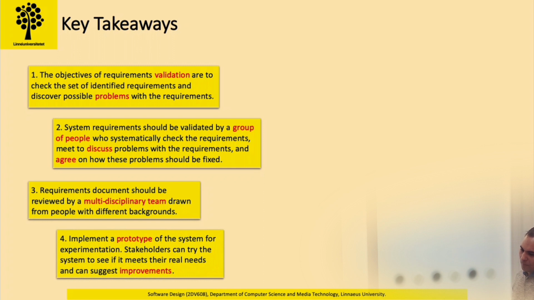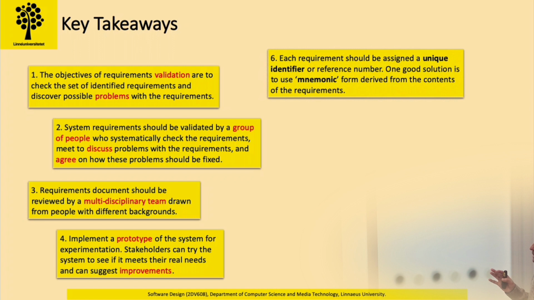And one of the checkpoints for requirements validation is implementing a prototype. So the users are playing with a mock system through input and output. And this also gives some idea on the improvement of your requirements specification. Each requirement should be identified with a unique identifier.